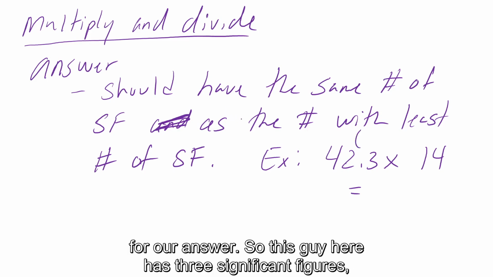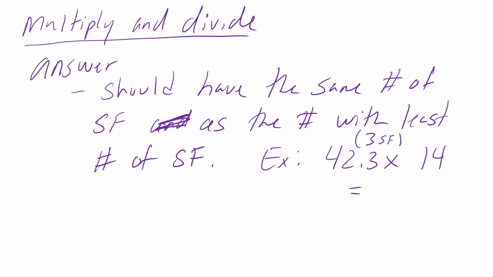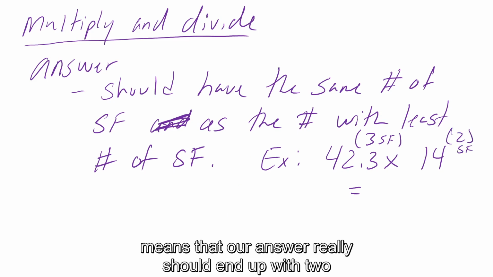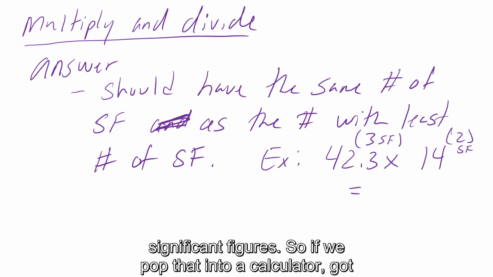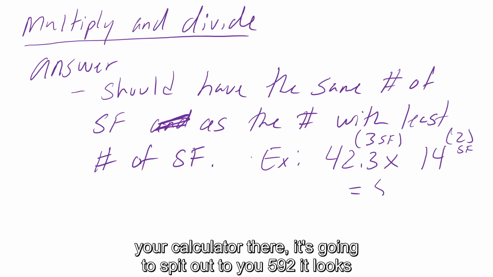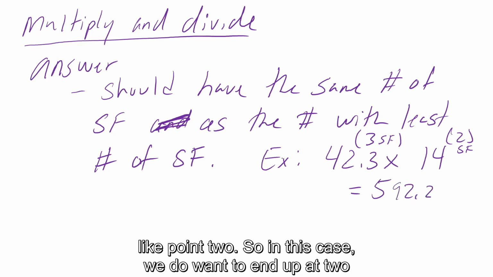So this guy here has 3 significant figures, this guy here has 2 significant figures, and that means that our answer really should end up with 2 significant figures. So if we pop that into a calculator, 42.3 times 14, your calculator is going to spit out 592.2.